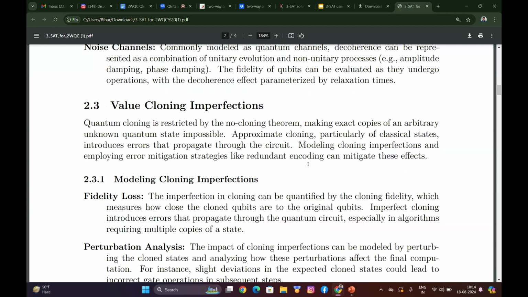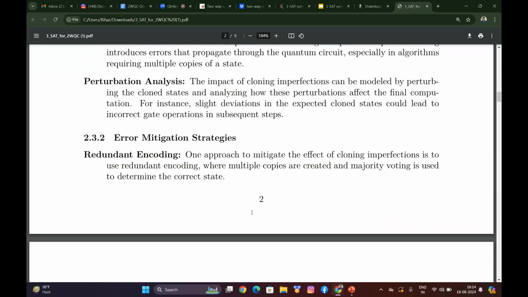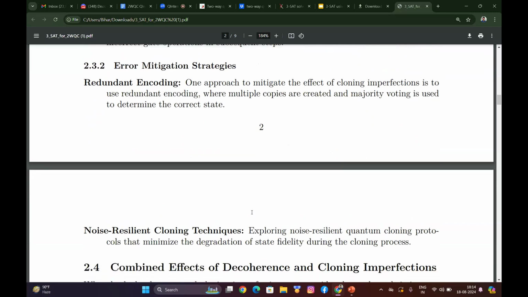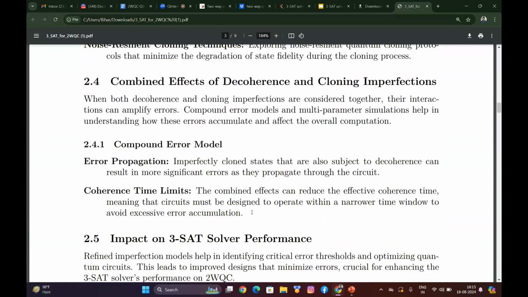Further, we have value cloning information. In this, we have to consider fidelity loss and perturbation analysis. Then we have error mitigation strategies, in which redundant encoding and noise-reducing cloning techniques will be explored.